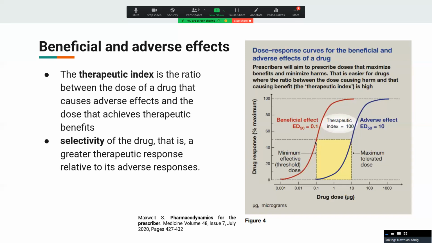And at 0.1 you would have the beneficial effects, and then you would divide these 10 by the 0.1. You would see, okay, this drug has a therapeutic index of 100. So the ratio of these two is 100 away from each other. And the larger this value is, the better it is.